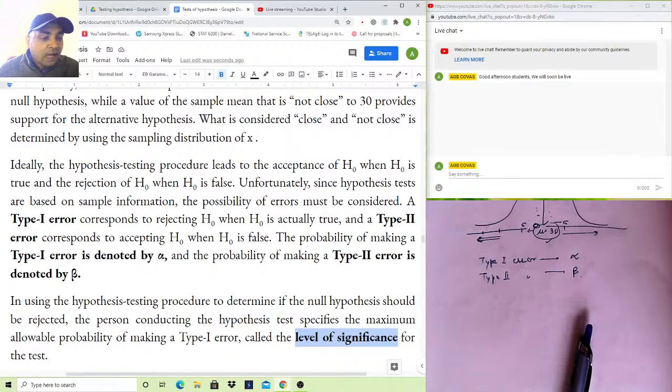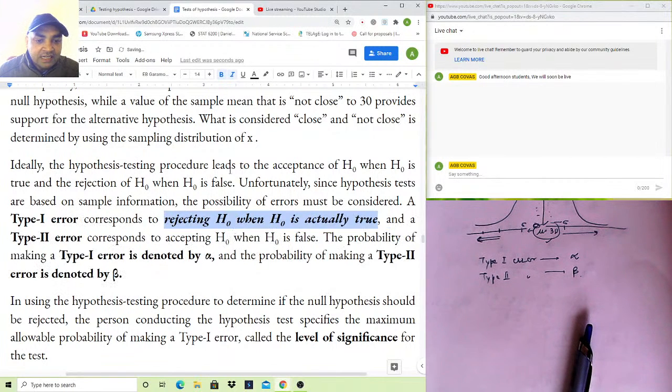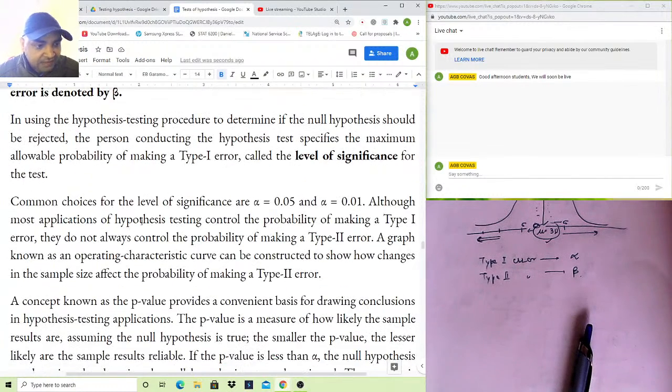You rejected the null hypothesis when it is actually true. What is the probability of this? That probability is known as the level of significance, that is, the probability of committing a type 1 error in your experiment.